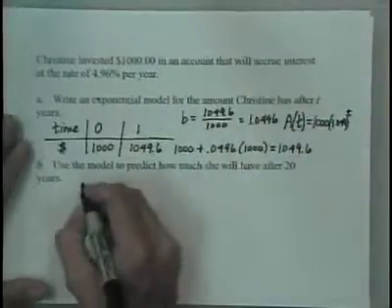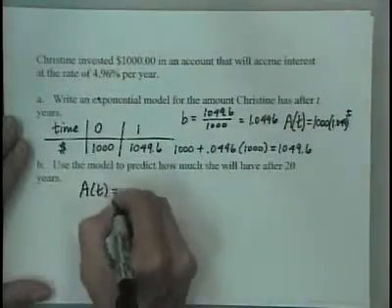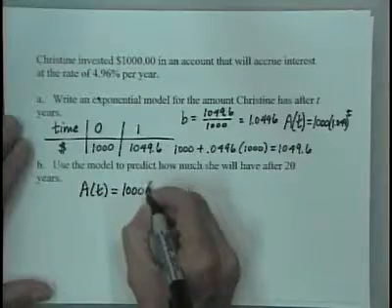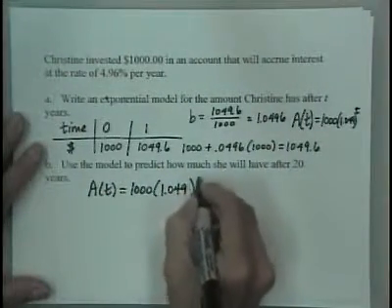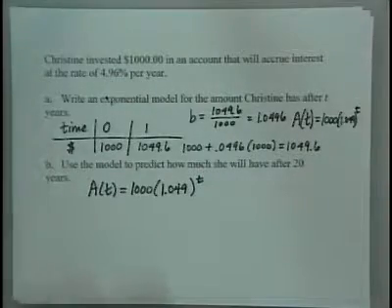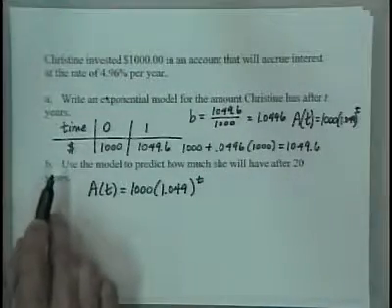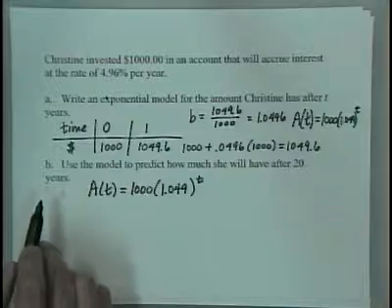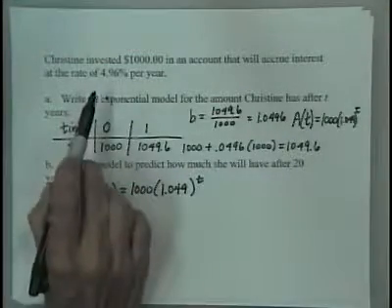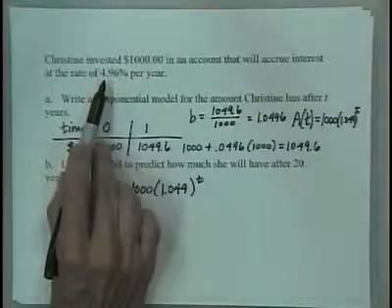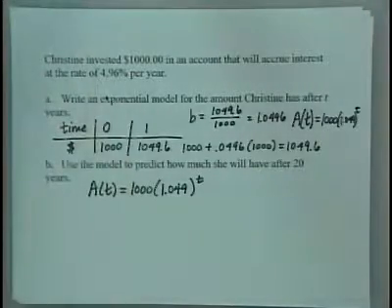That's kind of squeezed in there, so I'm going to write it down below. Our model is 1,000 times 1.0496 to the t. Now we want to use our model to predict how much she will have after 20 years if she leaves her money invested in this account accruing 4.96% interest per year.